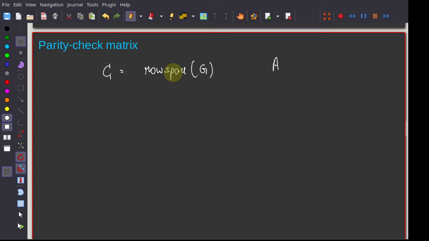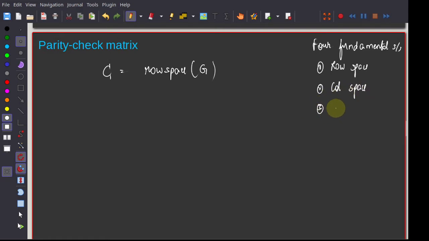So the four fundamental subspaces are the row space, the column space, the right null space, and the left null space.